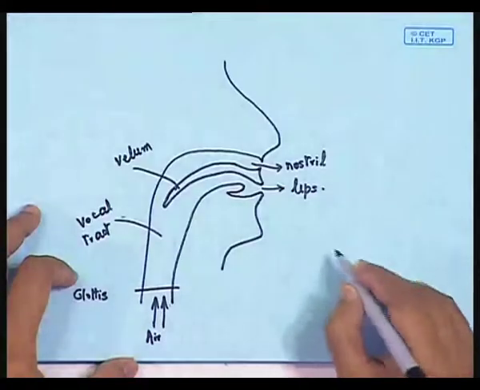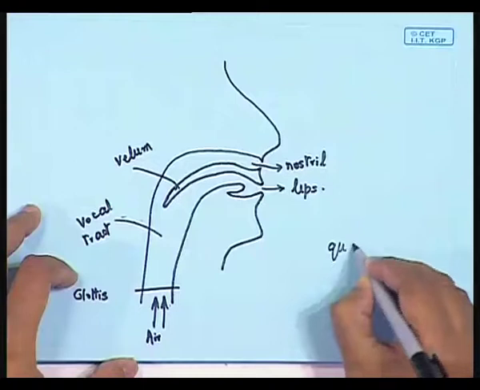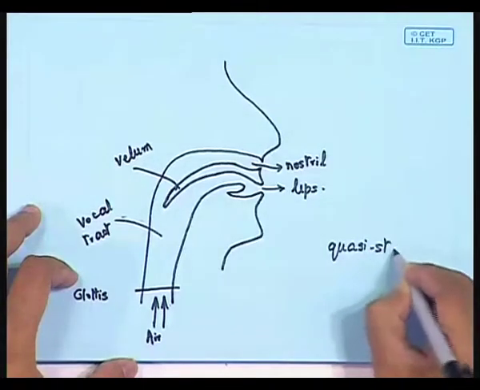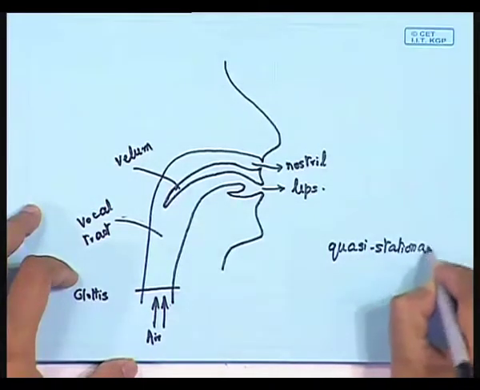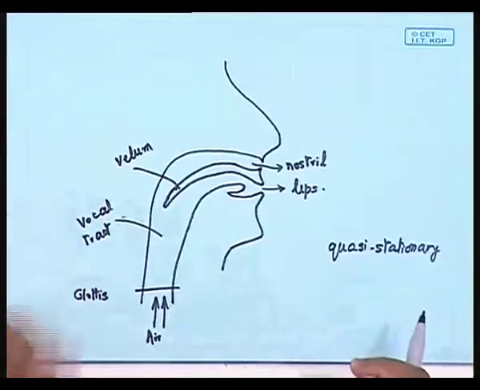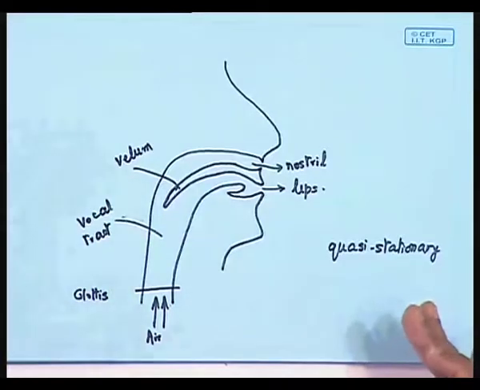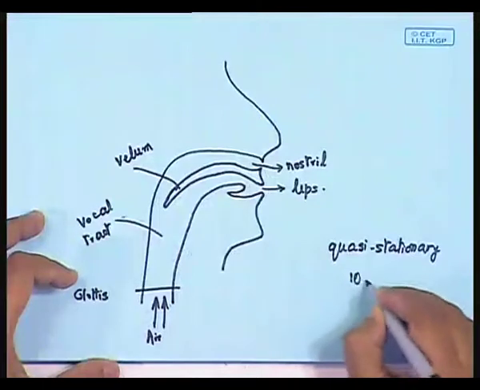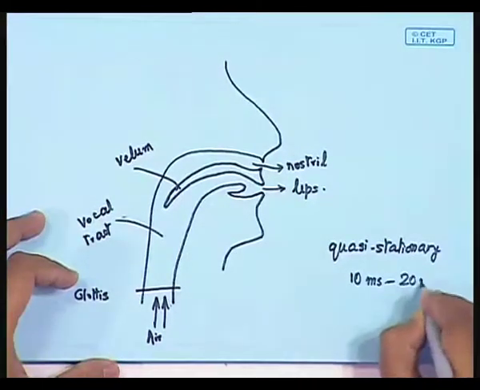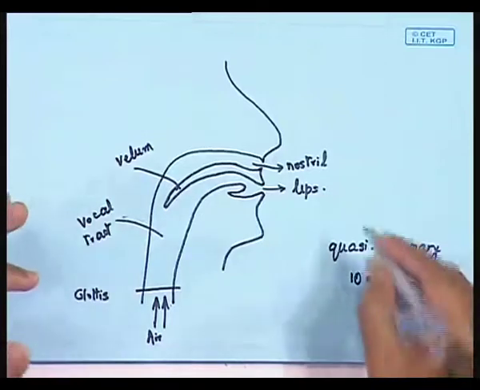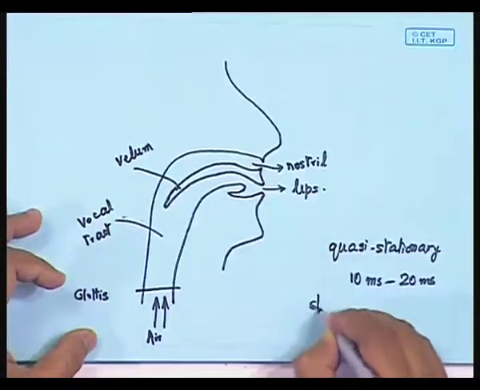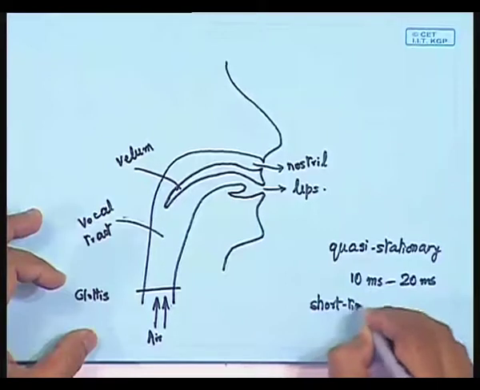So instead of stationary, we call it a quasi-stationary process, in the sense that the statistical parameters of the speech remain reasonably constant only within a very short time interval, and that time interval is generally of the order of 10 milliseconds to 20 milliseconds. So that is why we always go in for short-time speech analysis.